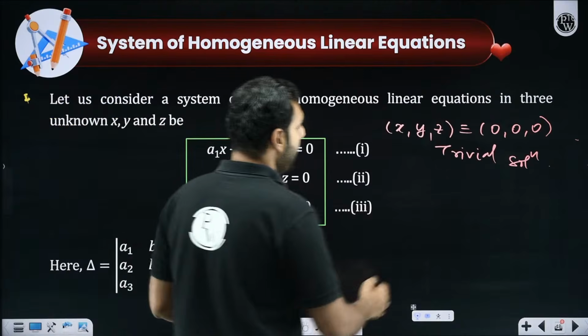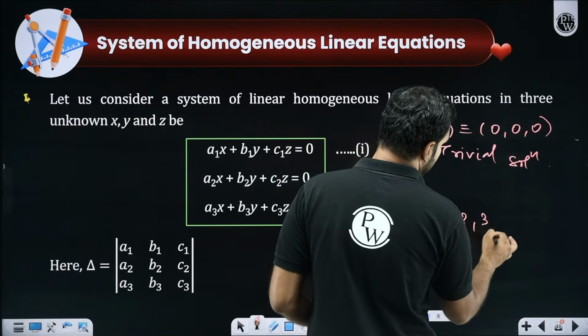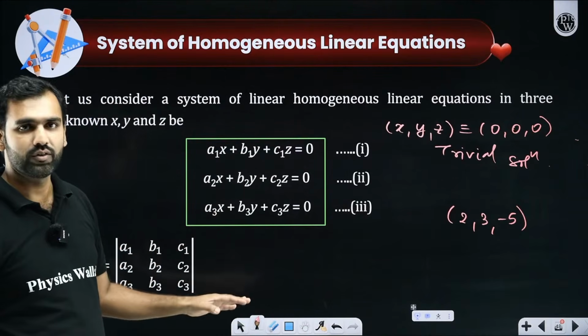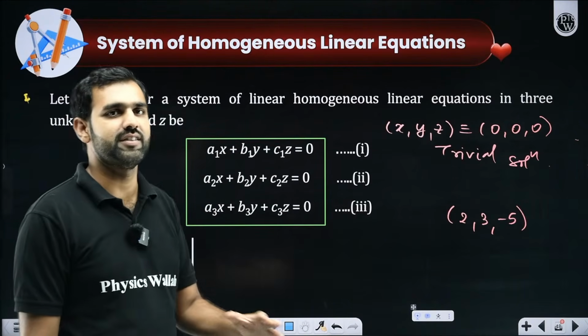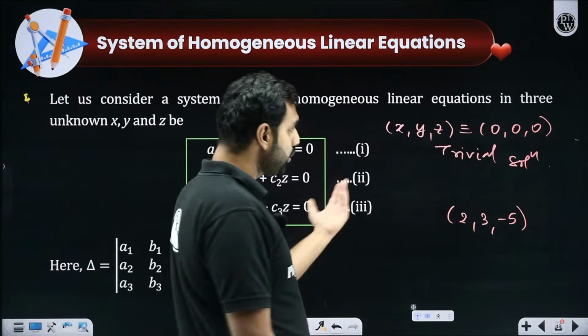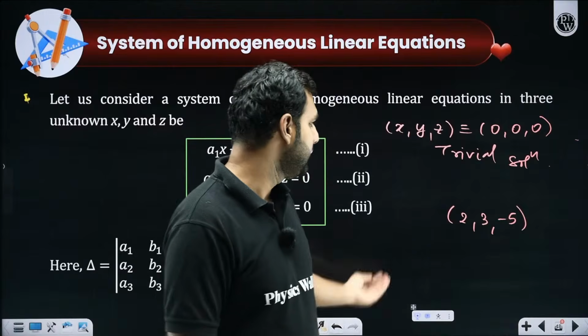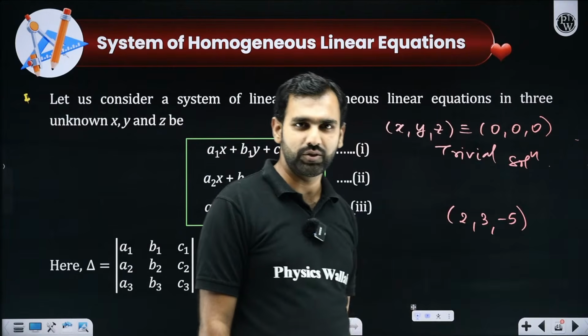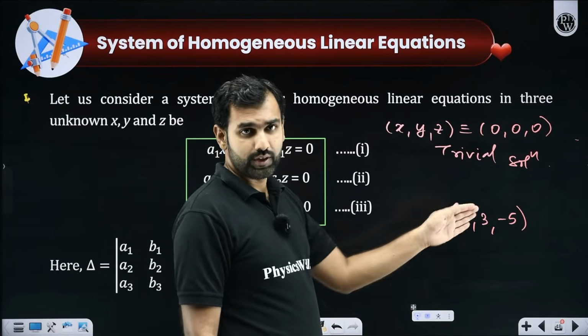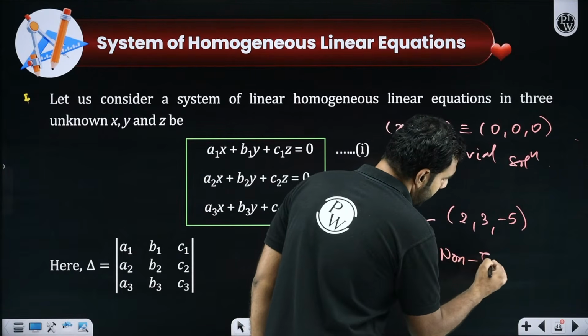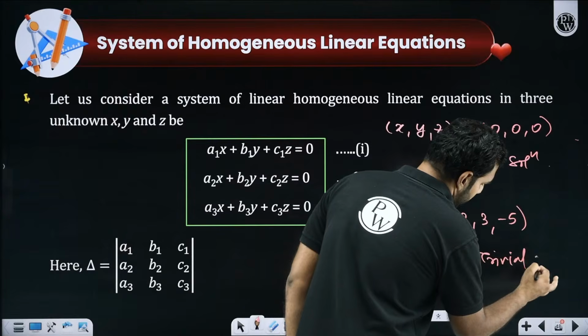Let's say I put 2, 3 and minus 5, and luckily by putting x, y, z as 2, 3 and minus 5, all the three equations are satisfied. So instead of 0, 0, 0 also, there is a non-zero solution as well. Non-zero means at least one of these values is non-zero. So if a non-zero solution also exists, then we call it a non-trivial solution.